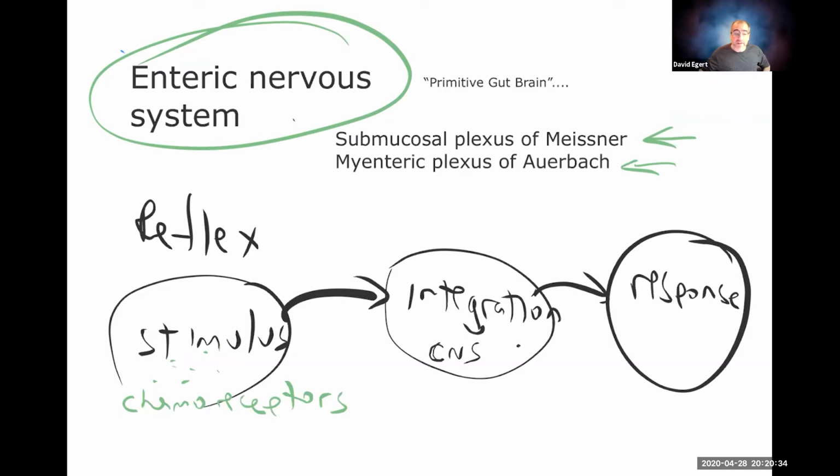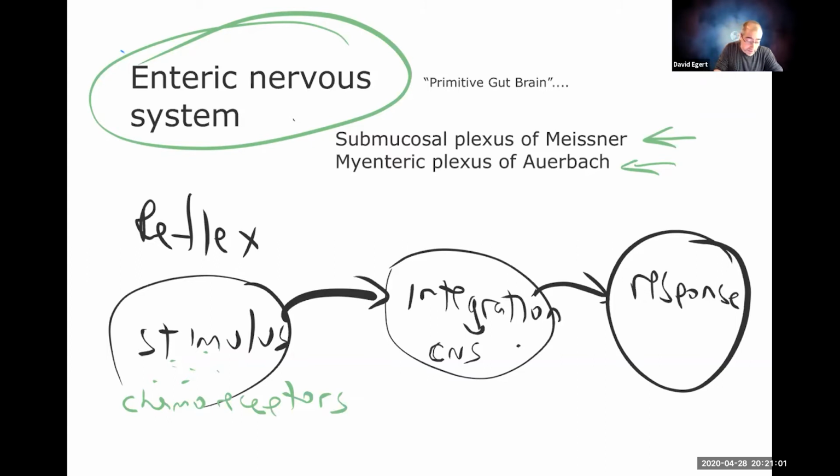We're going to have information about the substrates of digestion, so we know what kind of enzymes we need to break it down. We'll have chemoreceptors for the products of digestion, so we can know that we're done breaking down and it's time for the next step. We're going to have chemoreceptors for pH, because a lot of these enzymes in the digestive tract function optimally at a particular pH.